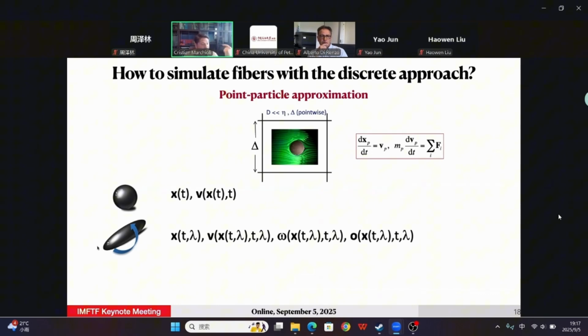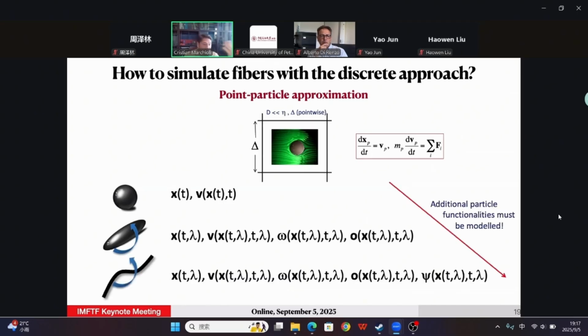So these would have lambda larger than 1, this would have lambda equal to 1. And then if you have flexibility, the number of functionalities that you need to include in your initially simple model becomes larger and larger. And so the model is getting more and more complicated.